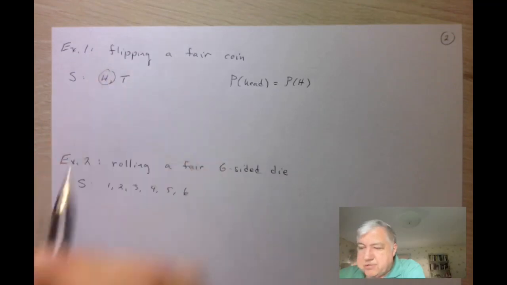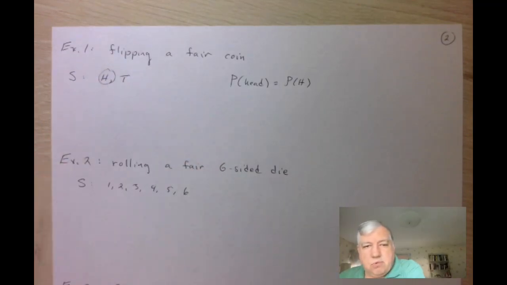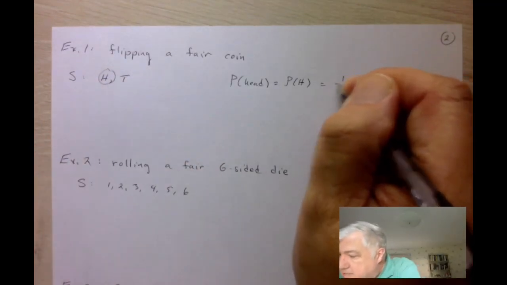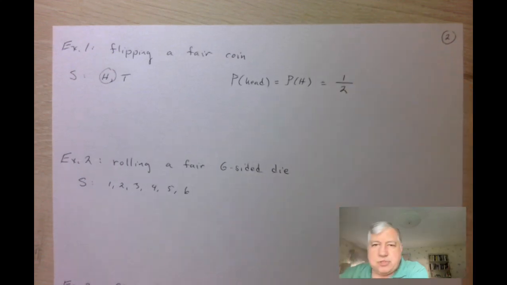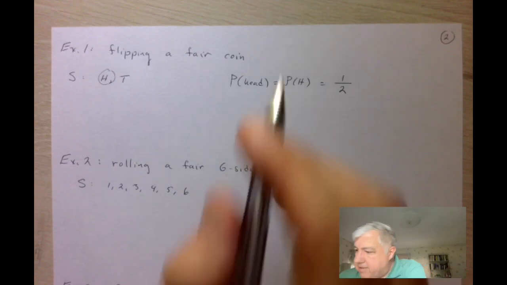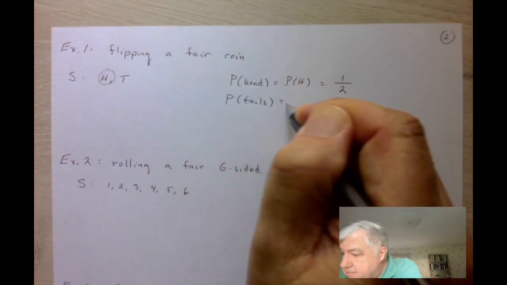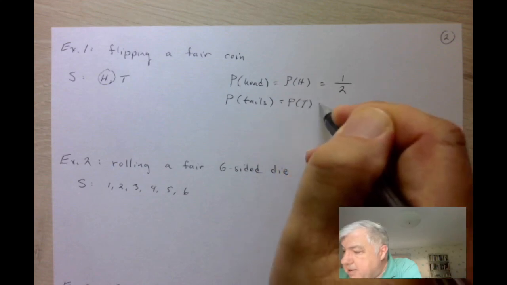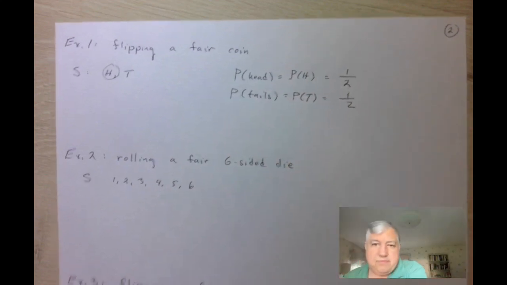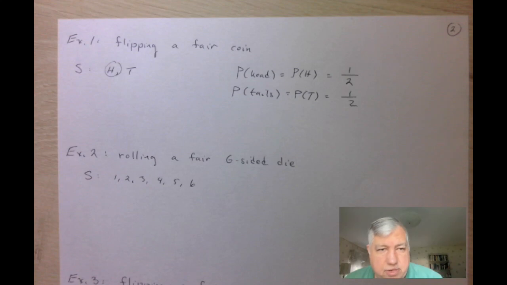Well, that's just one outcome, right? So it's 1, and the size of the sample space is 2. So the probability would be 1/2. Okay, and same thing here for the probability of tails. That would be the probability of T. That would also be 1/2. As probably a lot of you already guessed.